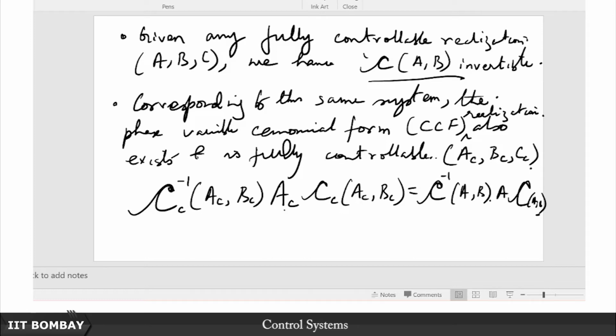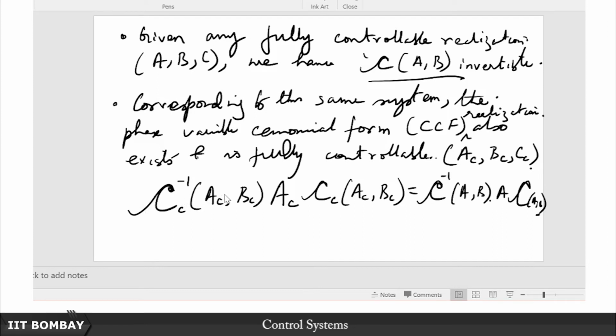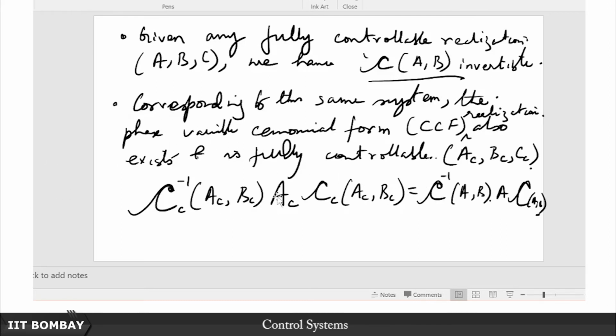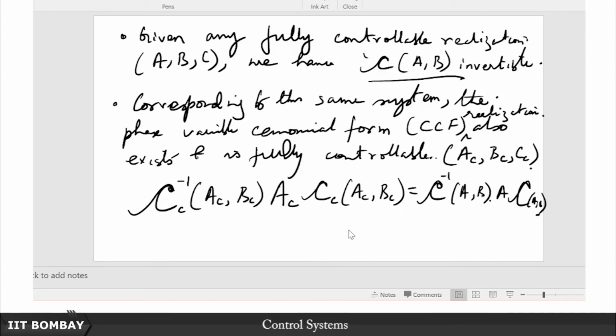So therefore it means that suppose my realization is x dot is equal to Ax plus Bu and y is equal to Cx. We've just chosen to ignore the D matrix for the time being. So suppose this is the situation. Then what can we say? Just now I want you to take a closer look at this. Can I not write this as, suppose x tilde is equal to, now observe very carefully what I am going to do here.